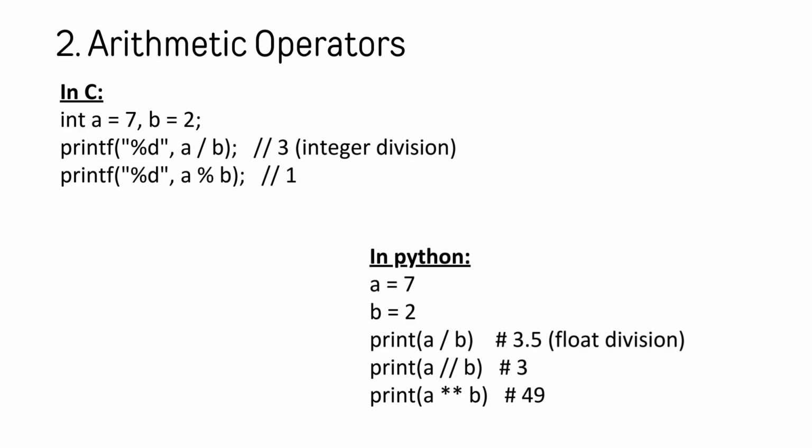If we need only the integer portion, then we have to write a double slash b, that is equal to 3. And if we need the square of the number, or a to the power b, that time we have to write a double star b, which is equal to 49. This simple example clearly shows how Python is actually more flexible than C in arithmetic operations.